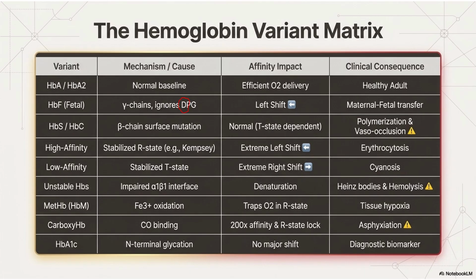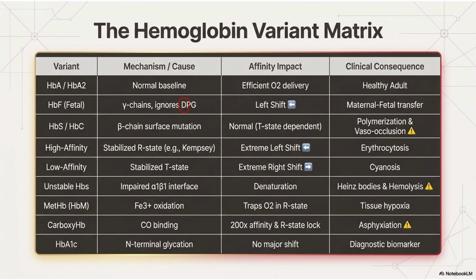So let's review quickly. HbA is the primary adult hemoglobin. It carries oxygen throughout most of our lives. HbA2 is the minor adult form that becomes important when diagnosing certain blood disorders. HbF allows the fetus to obtain oxygen from mother's bloodstream because it binds oxygen more tightly than adult hemoglobin.